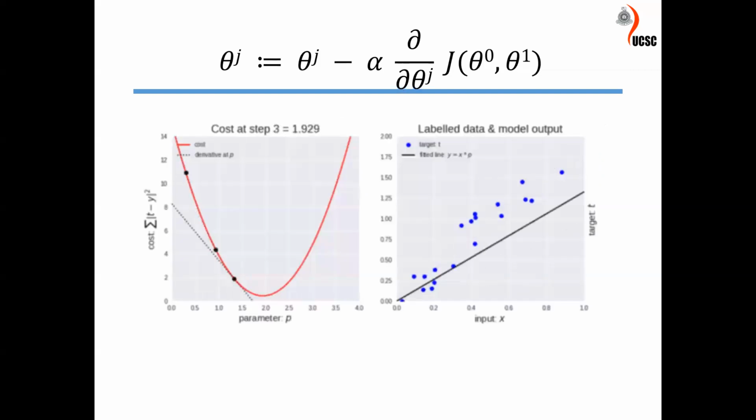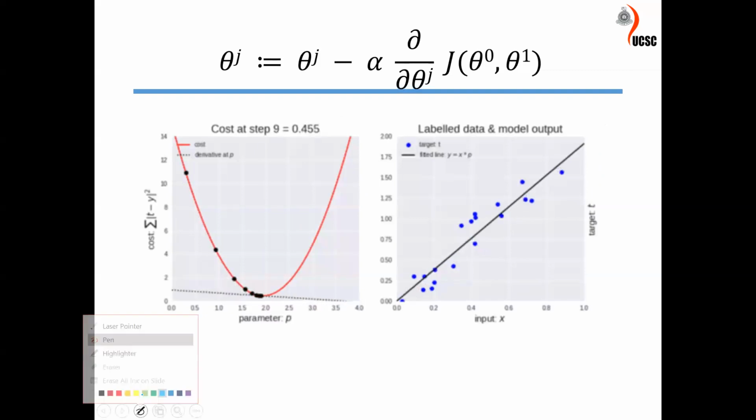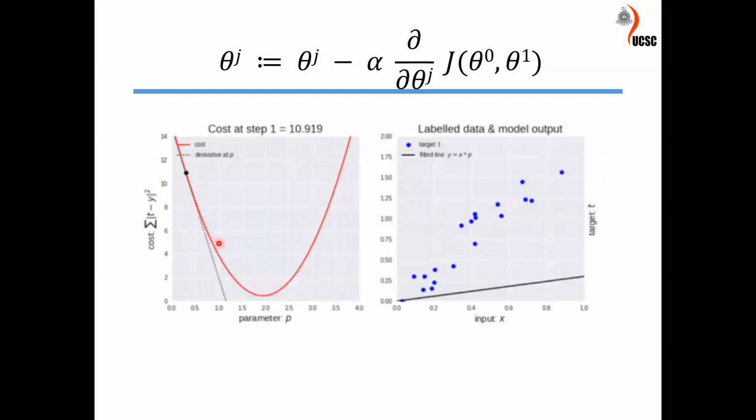This is an illustration of that. You can see we draw the tangent at each place. We started from here, then we come to this place here. And here you can see it stops updating when the tangent becomes horizontal. At that point, theta won't update.